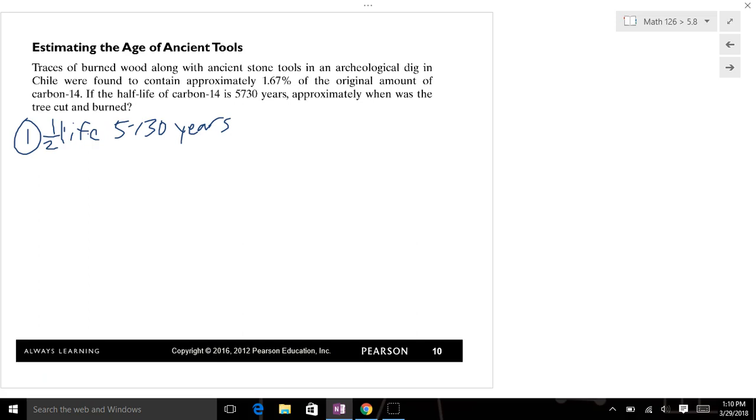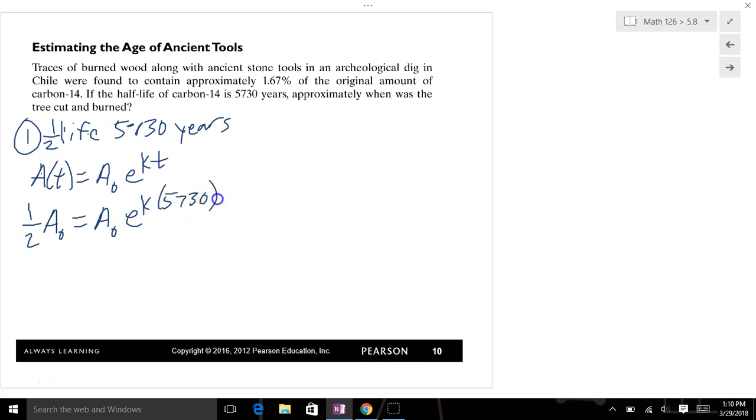So we're going to use this equation, A of t equals A subscript 0 e to the kt, and we're going to use this to find our k value, which should be negative here. If the half-life of carbon is 5,730 years, that means you end up with half the original amount that you started with after 5,730 years.